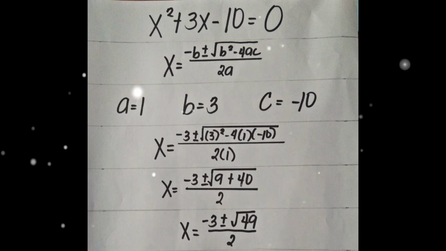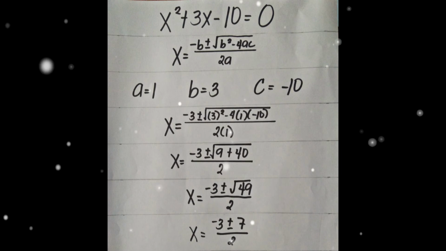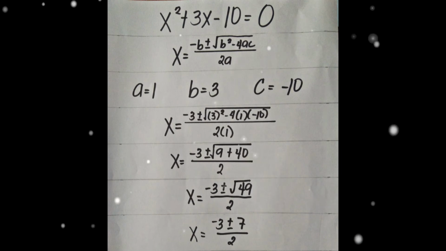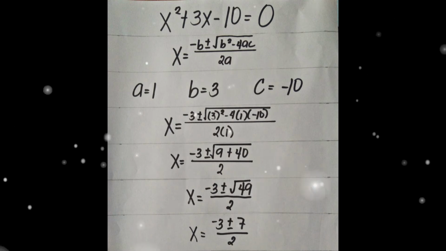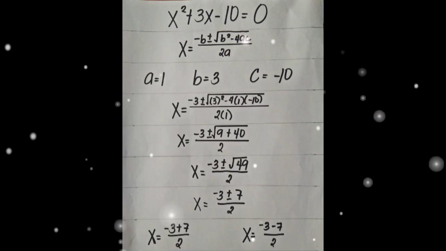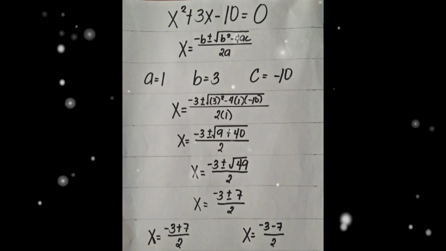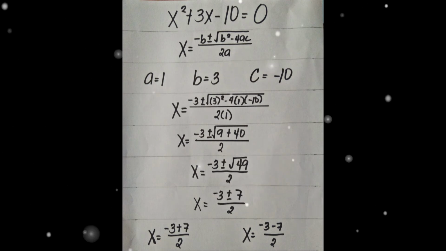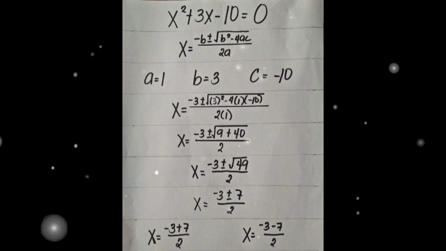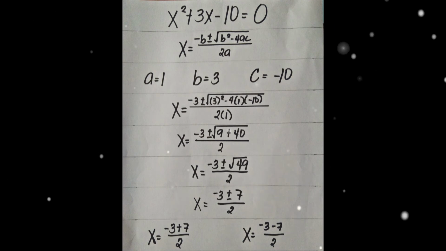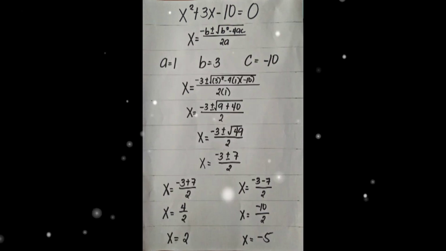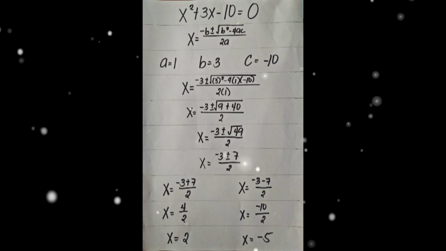Get the square root of the number under the radical sign. We have x equals negative 3 plus minus 7 all over 2. Let's separate. We have x equals negative 3 plus 7 all over 2 and x equals negative 3 minus 7 all over 2. Perform the indicated operations. We have the answer now. So the answer is x equals 2 and x equals negative 5.